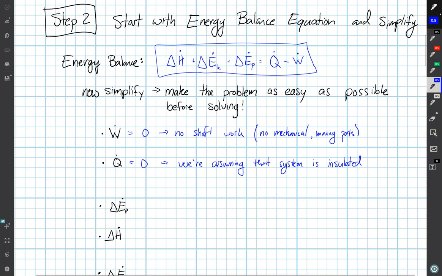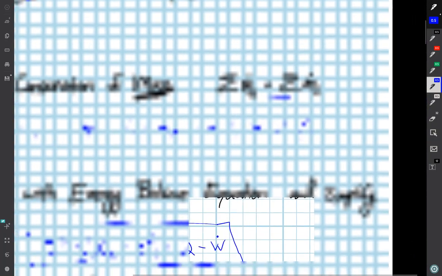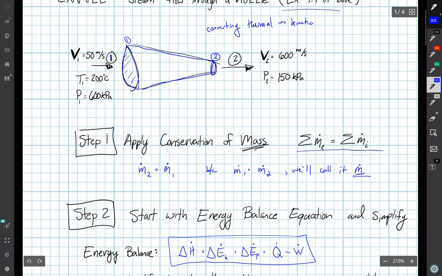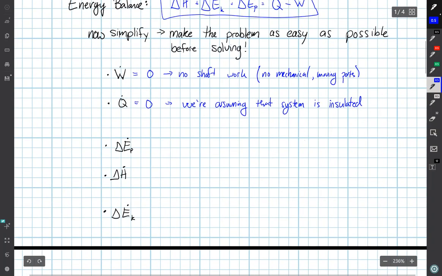There could be heat coming in or heat leaving through the nozzle, but that's actually a relatively good assumption because if we look back and think about what's happening, we have this nozzle, we're coming in at 50 meters per second, and we're leaving at 600 meters per second. How big is this nozzle? Relatively small. So we're going to be blowing by there in much less than a second. So there's just not a lot of time for any heat transfer to take place. That's why this is a good assumption.